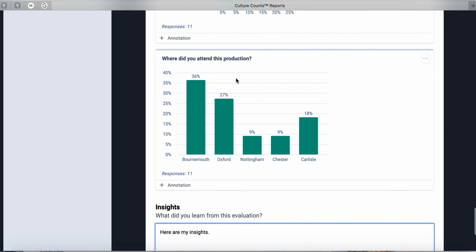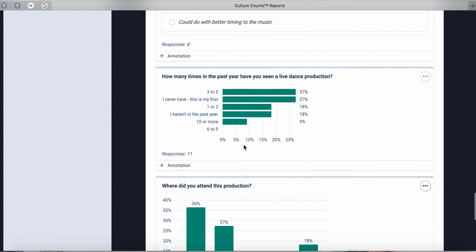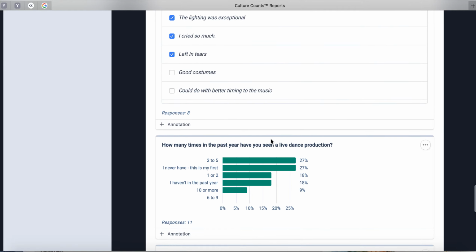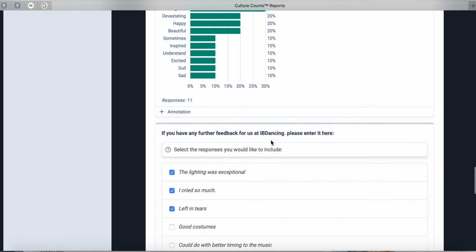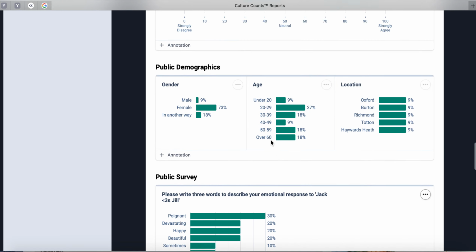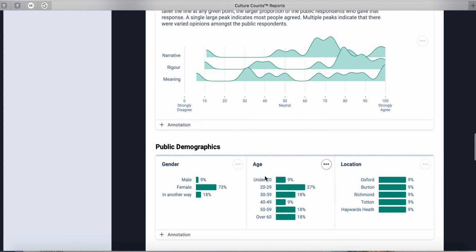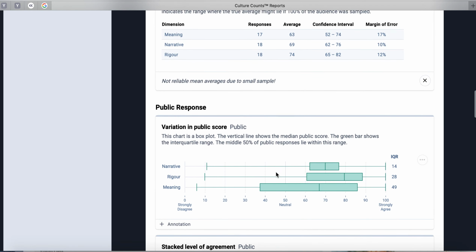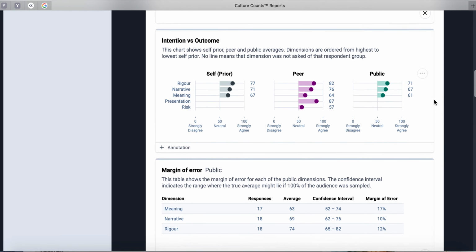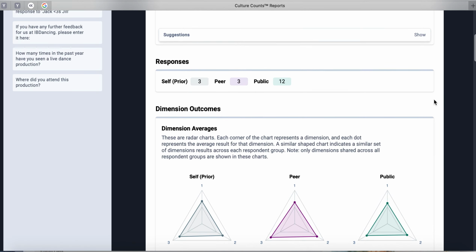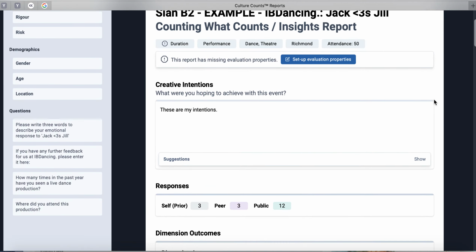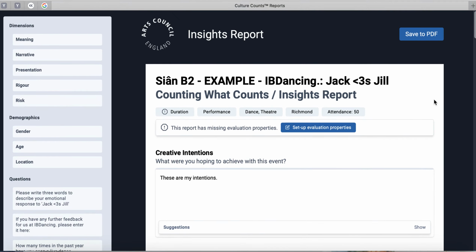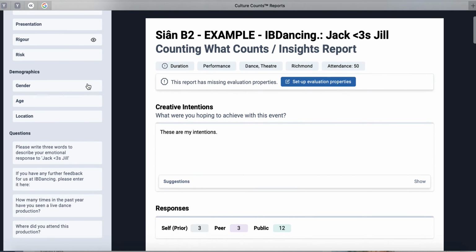Now, of course, we understand that you might not want to have all of your custom questions included in your insights report, and that is absolutely fine. So you've got the opportunity here to include them if you like, and by default, they will be added. However, it might be that actually you don't want to include all of the questions. So as you can see here, over on the left-hand side, there's this little eye icon.